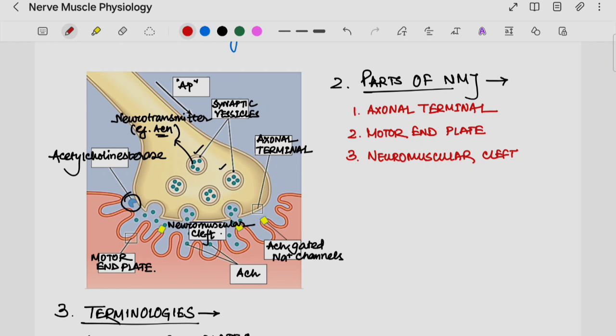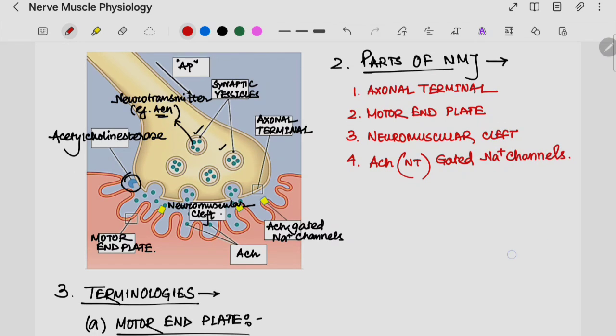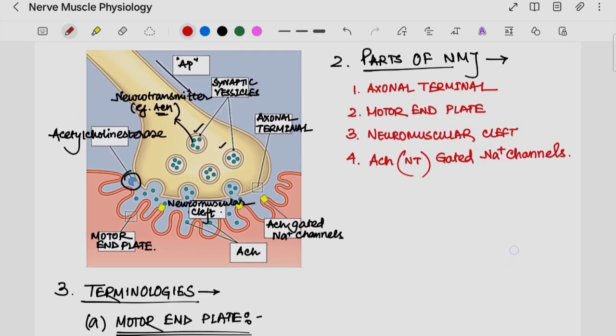And there are synaptic vesicles in the axonal terminal. Yes, voltage gated channels are also part of the neuromuscular junction, as well as the neurotransmitter gated sodium channels. So these are the parts of the neuromuscular junction.